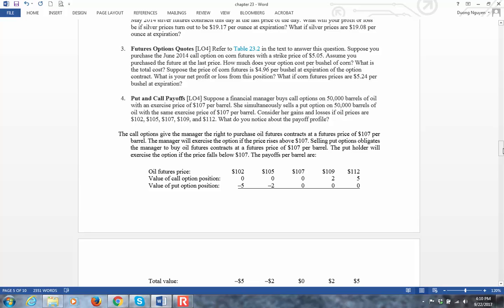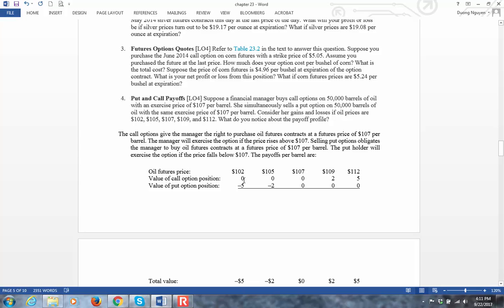Consider her gains and losses if the oil prices are 102, 105, 107, 109 and 112. Here are the different scenarios for the oil futures prices. Since nobody knows what the future price will be, we assume that it could be 102, 105, 107, 109 or 112.